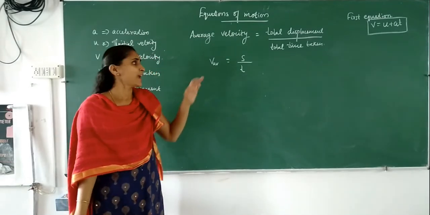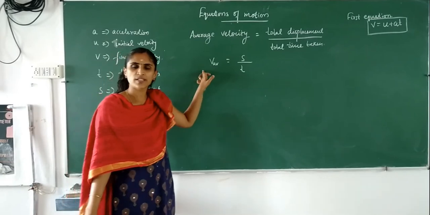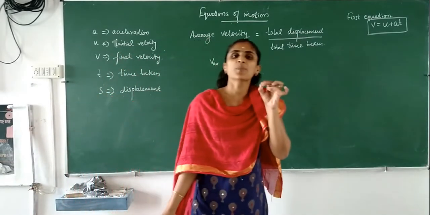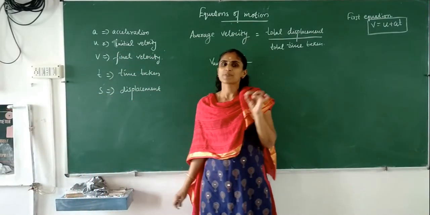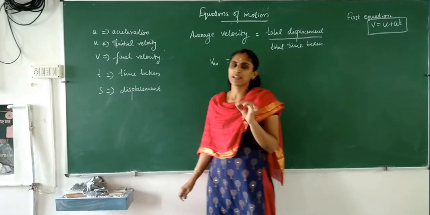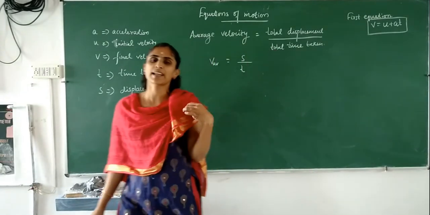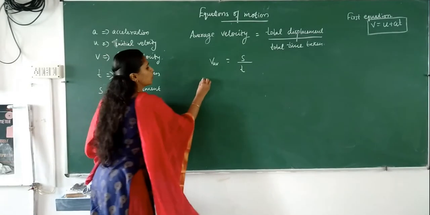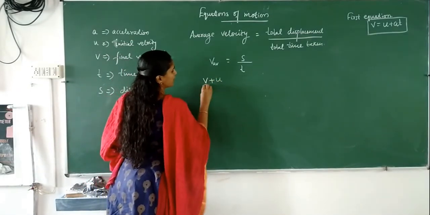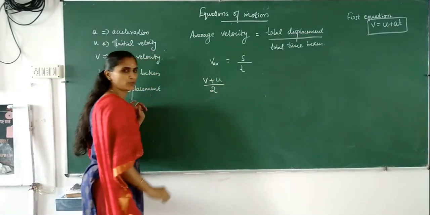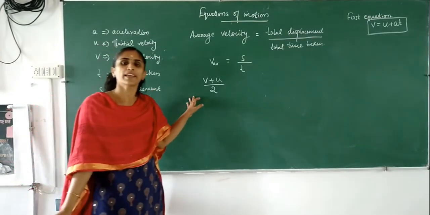And how else can we write average velocity? If the object is in uniform acceleration, average velocity can be written as the sum of the velocities divided by two, v plus u by 2. I told you this: we cannot apply it in every case.